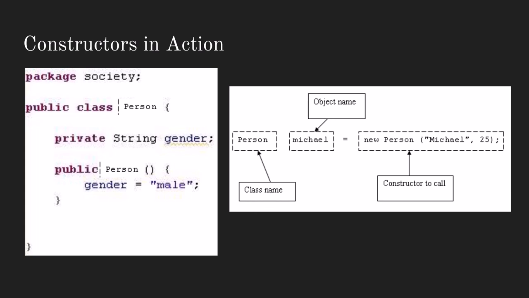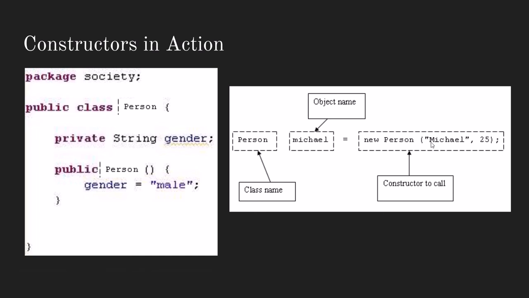But let's say you wanted to create another person that is not necessarily male, but in this case it is, because his name is Michael. Then you would put the class name, which is Person, right here, the object name, which is Michael, or whatever name you want, equals new Person. And then in this case there would be another constructor down here that allows you to pass in the name and then, let's say, the age.